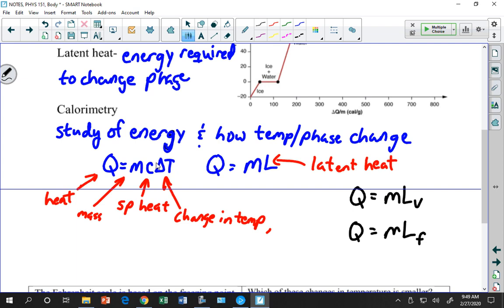They're related to the changes between the phases. So what could the V mean if I'm talking about solids, liquids, and gases? It's vapor, right. So the V is for vaporization. So the LV is the latent heat of vaporization.